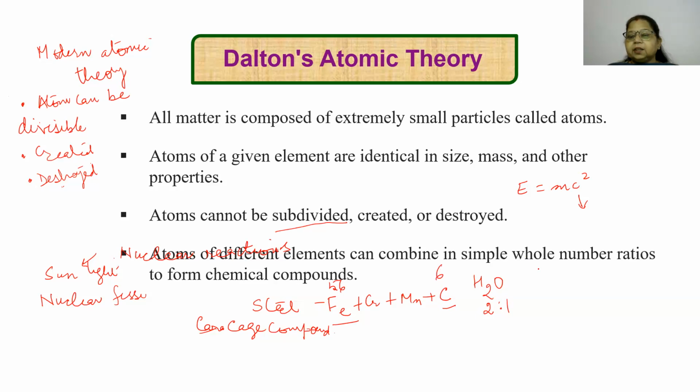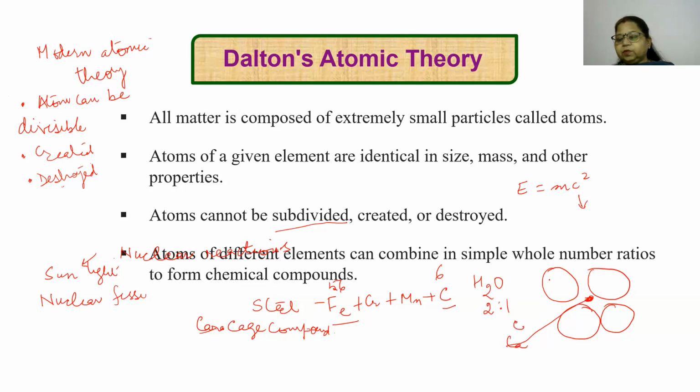So if this is the iron atom, which is quite big in size, in between them, let's say this is an atom of carbon. This is an atom of iron, and various iron atoms. So technically they are called cage compounds, and the difficult name is interstitial compounds.